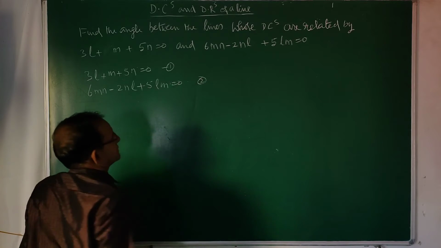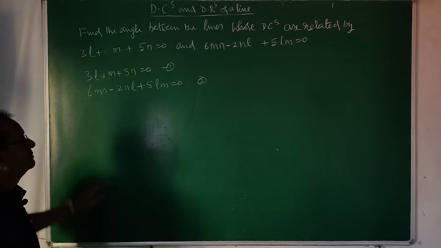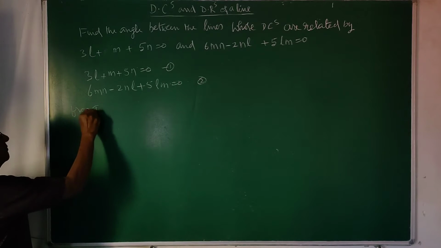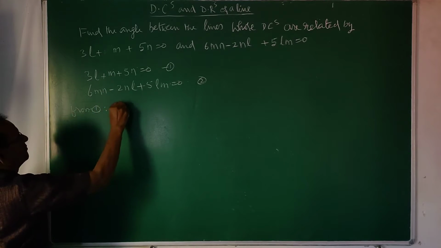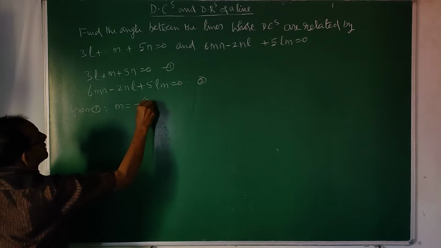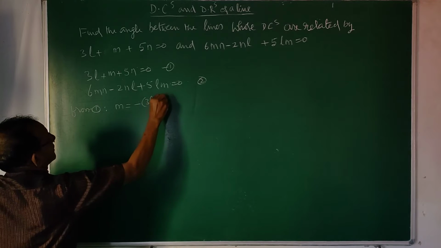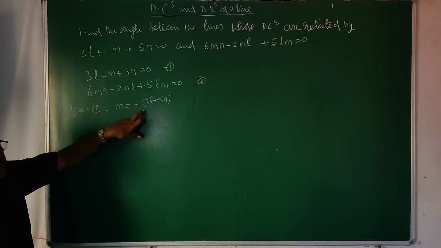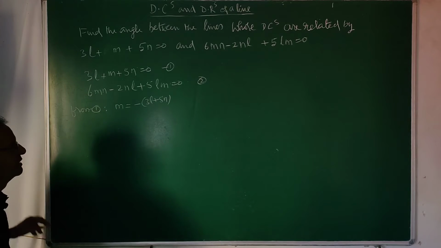This is the second equation. Now, from the first equation, from 1, M is equal to minus of 3L plus 5N. Substitute this value in the second equation.